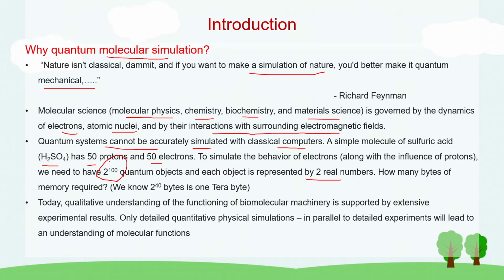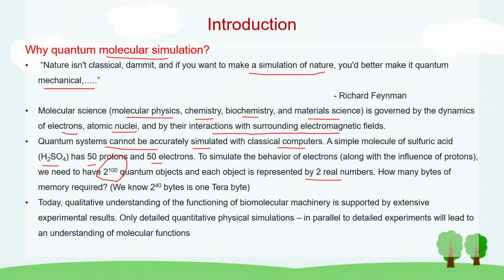It's not 100 quantum objects, it's 2 to the power of 100. Why? Because each electron will be affected by the remaining 49 electrons, and each electron will be affected by 50 protons. There's a complex relationship, right? So for that you need this many quantum objects.